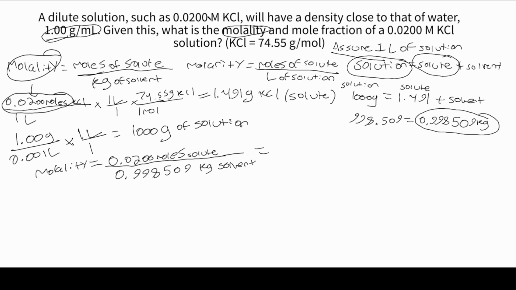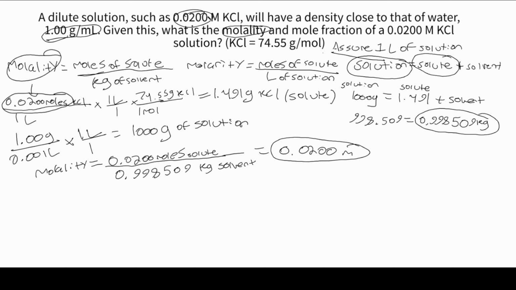This is going to give us 0.0200298, but since we're using 3 sig figs, we're just going to keep that as 0.0200 molal. This is the molality.